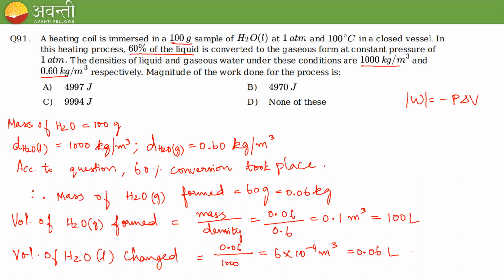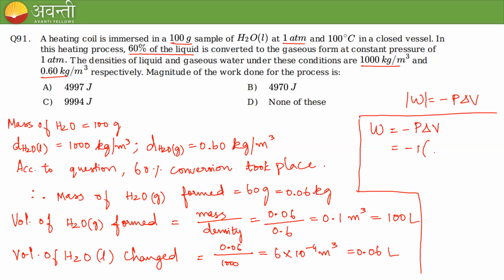Now we have to find the change in volume. The pressure value is 1 atmospheric pressure. We need to find W. So W is equal to minus P delta V. External pressure is 1, and the change in volume is V2 minus V1.